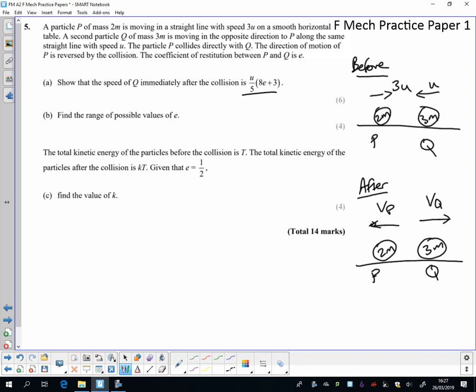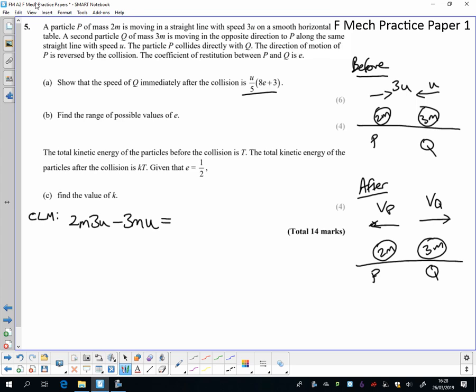So with colliding particles, there's always two things we look at. Conservation of linear momentum. With this, just make sure you choose which way is your positive direction and then keep it consistent. So m times v, that's for P. Now Q is moving in the opposite direction, so that has mass 3m and speed u, so that's before.